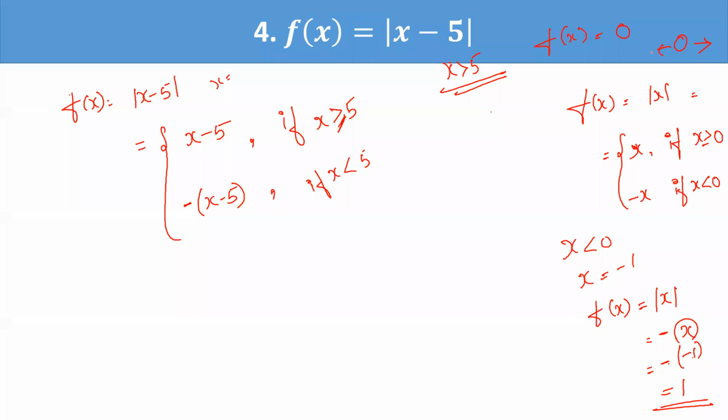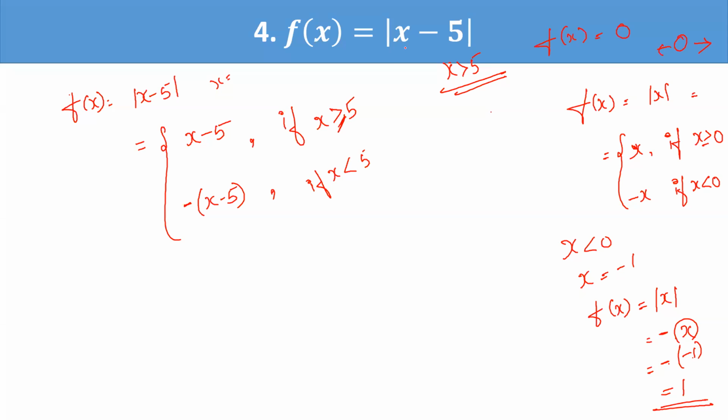If the value of x is less than 0 it becomes negative, and if the value of x is greater than 0 it becomes positive. So 0 is the deciding factor. Similarly, in this function, inside the modulus it is x minus 5. It becomes 0 if x is equal to 5.